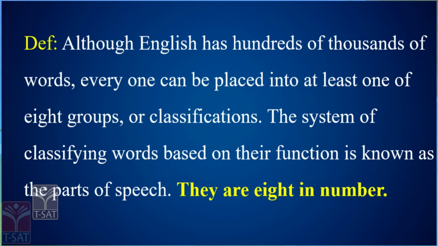As you can see in the slide, the definition of the parts of speech: although English has hundreds of thousands of words, every word can be placed into at least one of 8 groups or classifications. The system of classifying words based on their function in a given sentence is known as parts of speech. Simply, the words which are classified according to their given function in a sentence are called parts of speech.